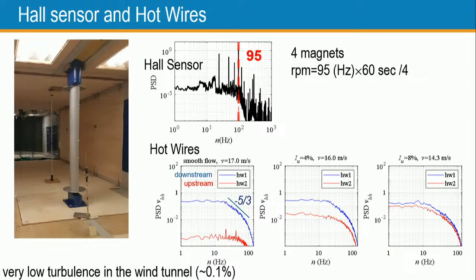Hot wire measurements were also quite delicate. In the presence of turbulence, and even in smooth conditions, measurements were very delicate because our wind tunnel has a very low turbulence intensity. So it was very challenging to have good measurements.